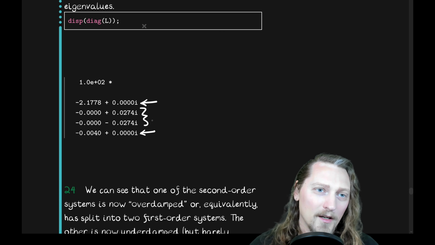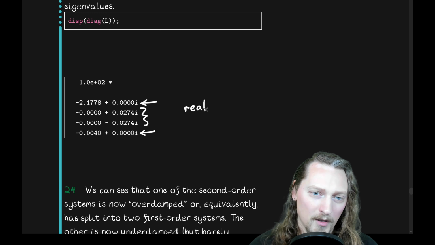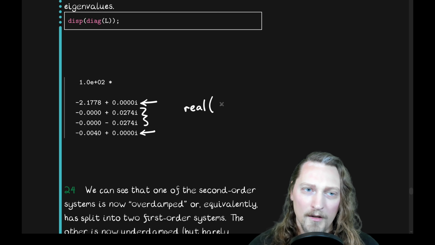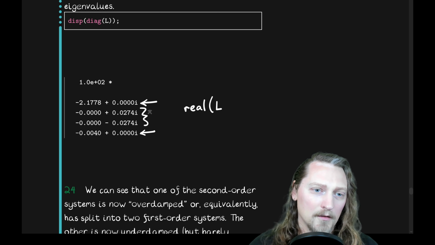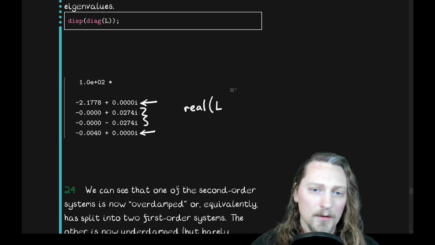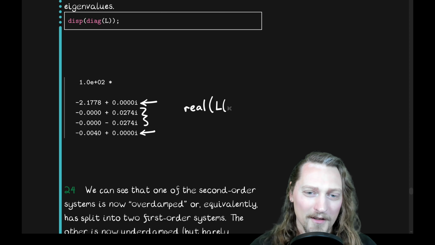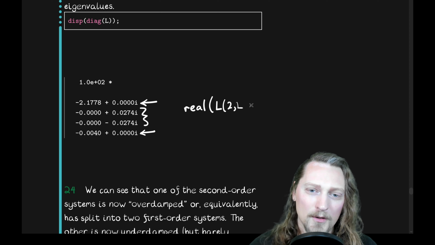If you wanted to do it here, you would just do the real part of the, say, you could take either the 1 1 or the 2 2, or pardon, the 2 2 or the 3 3. Thinking about Python here, say 2 2.